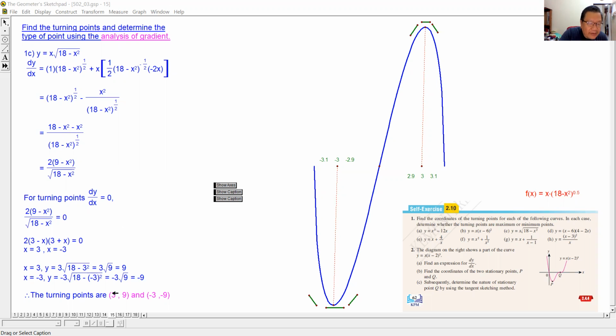I copy down at the bottom here. x equals to negative 3, y equals to negative 9. I copy down here. So I say that the turning points are (3, 9) and (negative 3, negative 9). So do you know how to find the turning points or not so far?